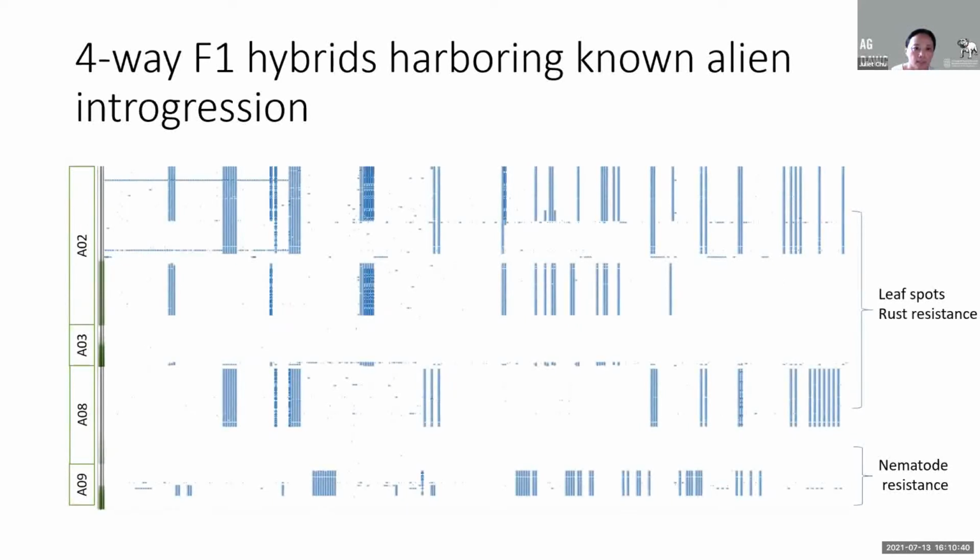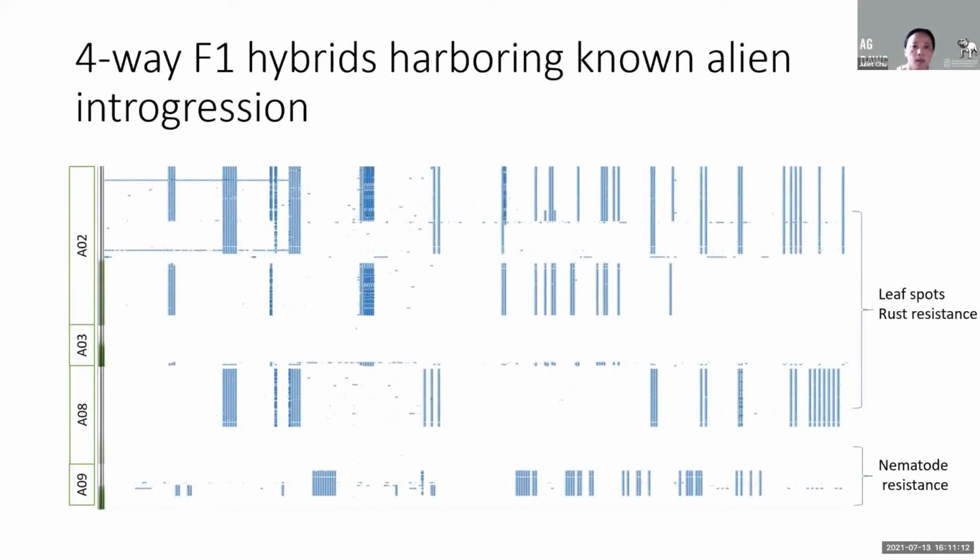Horizontally, each column is an individual F1 hybrid from the four-way cross, and each row of this very miniaturized table is the SNP markers that are diagnostic for the introgression, ordered by chromosome position. Here the highlighted are the introgression-specific markers for each individual.